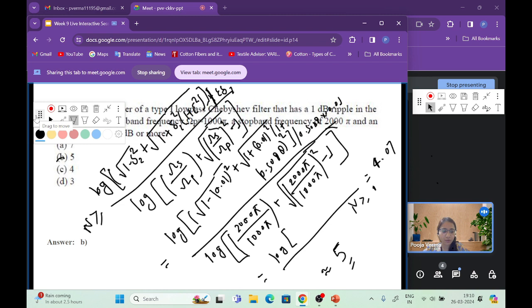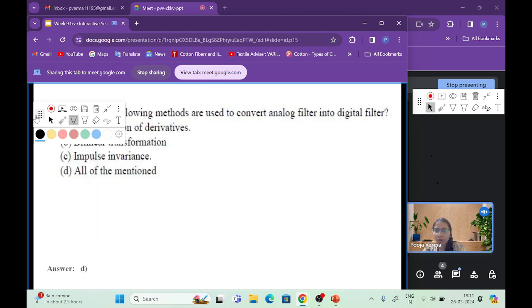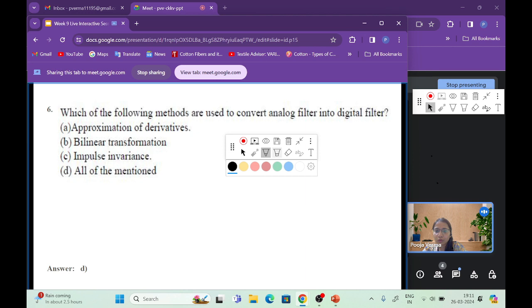I hope all of you got that value. If you put all these values in this equation and solve it, you will get 4 point something, that is equal to 5. So the correct answer is option B. Okay. So moving to the next question.